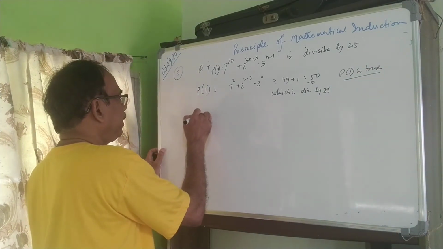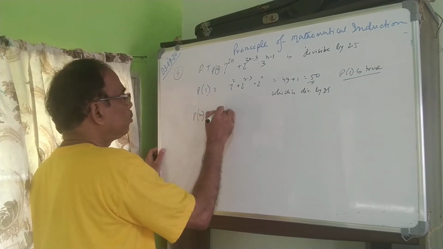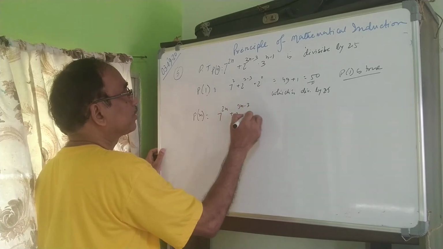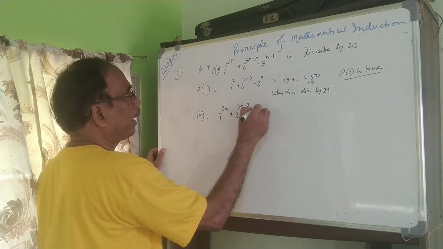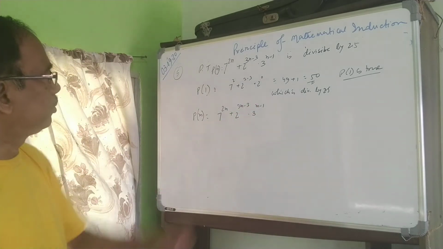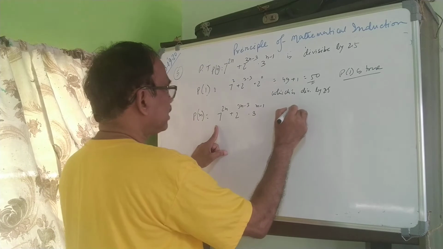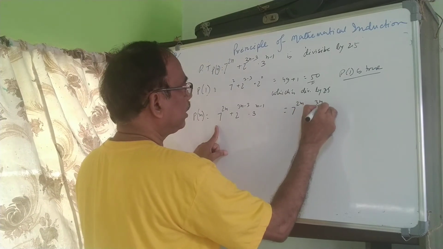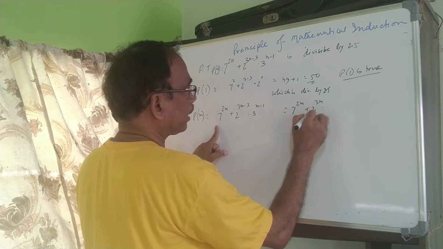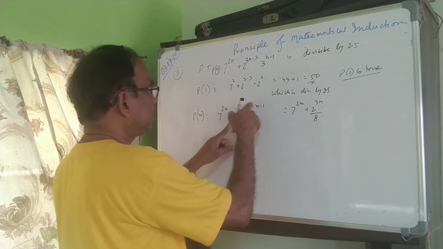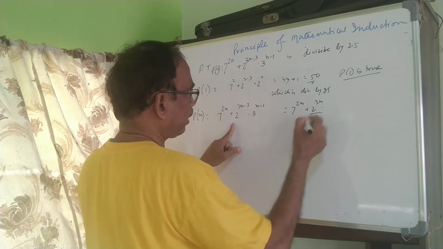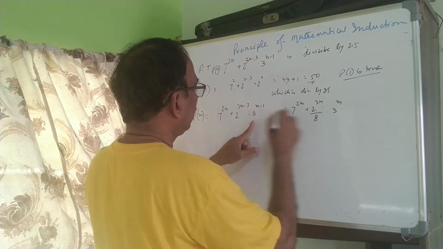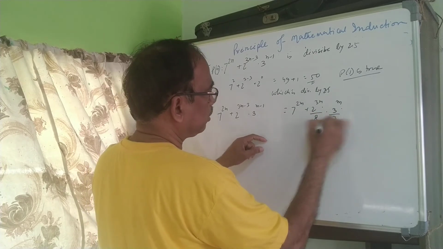Let P(m) be 7^(2m) + 2^(3m-3) · 3^(m-1). P(m) is this. We can break it like this: 7^(2m) + 2^(3m) into 1 by 8, 2 to the power minus 3 is 1 by 8, into 3^(m-1), the minus 1 means denominator is 3.